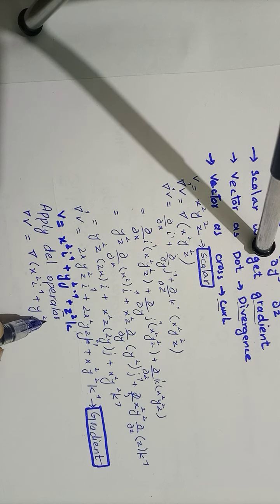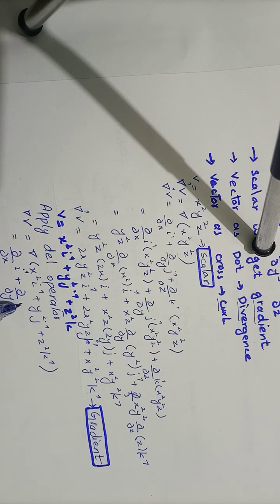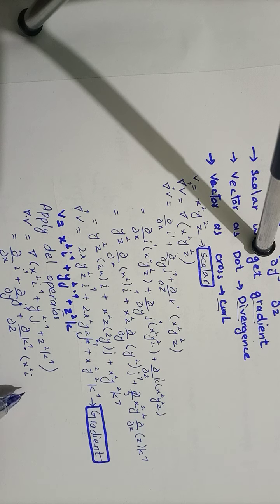Put the value of del: partial over partial x i plus partial over partial y j plus partial over partial z k, taken as a dot product with x squared i plus y squared j plus z squared k.